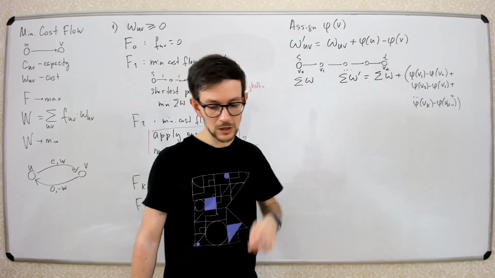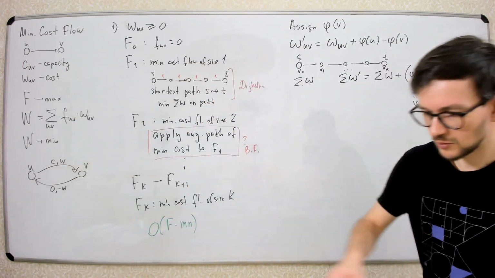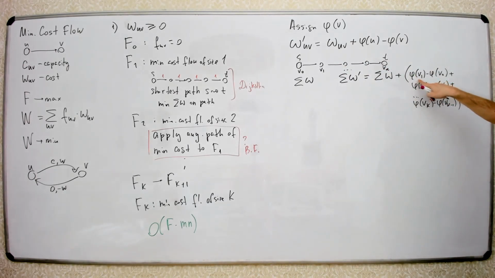Now in this sum, you may see right from here that I have plus phi of V1 minus phi of V1, so this will be eliminated, and so on. Everything will be eliminated except this sum and this sum.